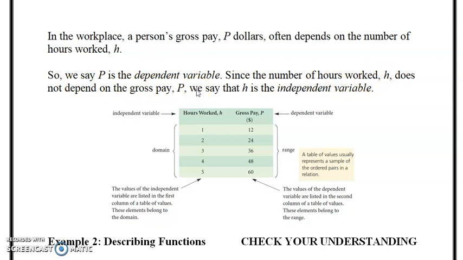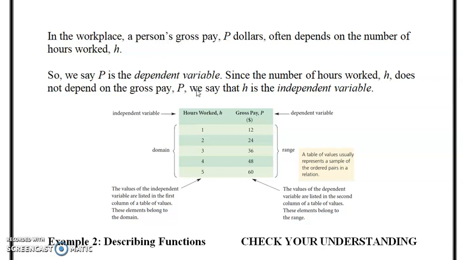So time is almost always, I'm not going to say 100% of the time, but 99.9% of the time, anything involved with time is going to be your independent variable. Okay? So the hours worked is going to be your X values or your independent variable, and your second column, your gross pay, is the dependent variable because gross pay depends on the number of hours worked.